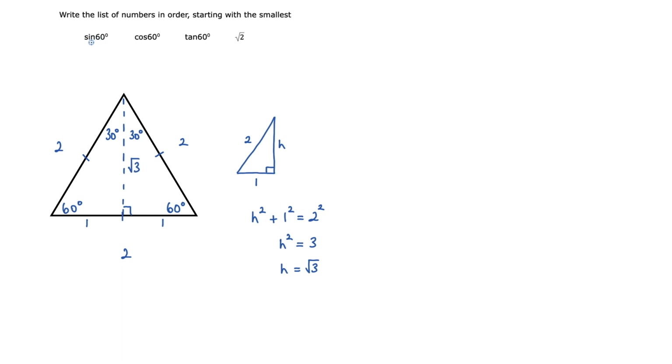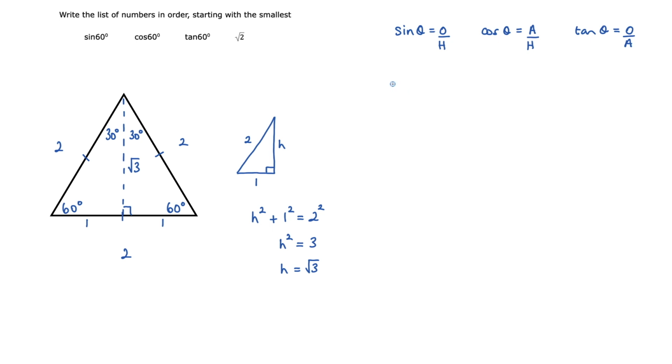Now we can express each of these trigonometric values in terms of 2, 1, and root 3 as follows. We know that the sine of an angle is opposite over hypotenuse. Cosine of the angle is adjacent over hypotenuse, and tangent of the angle is opposite over adjacent.